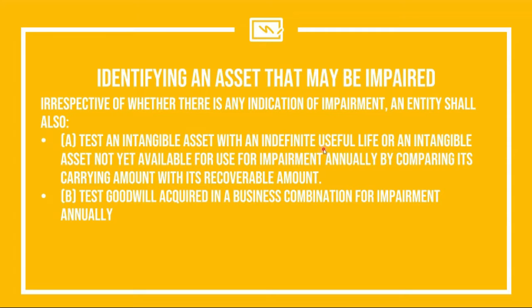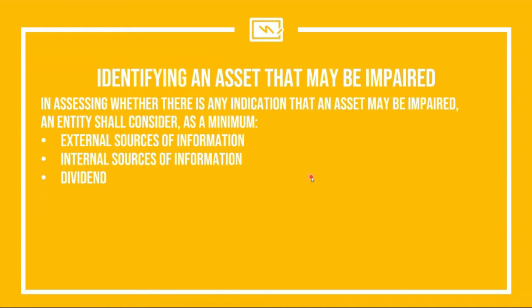Since they have indefinite life, they are not subjected to depreciation, which is in a way a representation of impairment. But since these are not being depreciated or amortized, it is required for entities to test for impairment, so that we can assure that these are not overvalued at the end of each year.